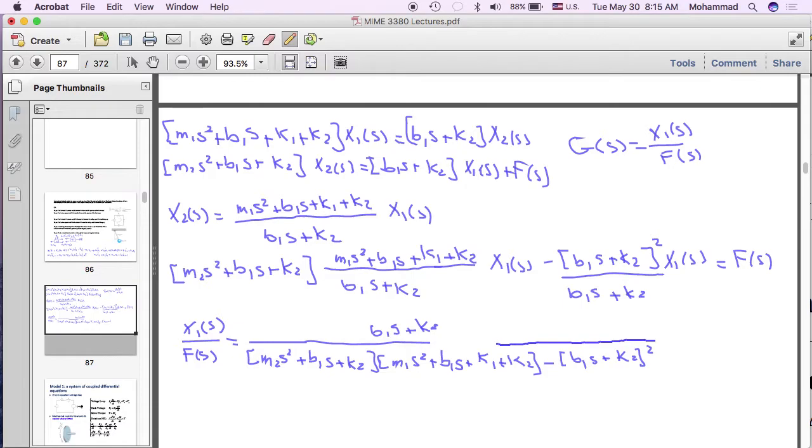This line. So that's the transfer function.